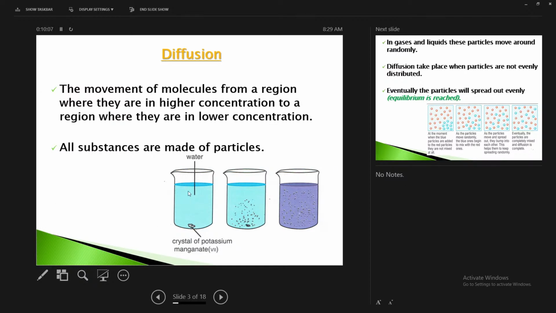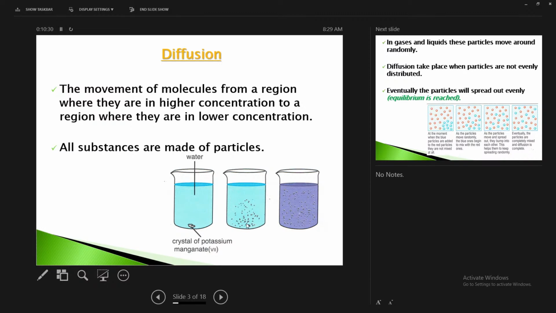To your extreme left, the glass on the extreme left, you'll realize that the water is crystal clear. They are showing it down at the bottom, saying that this potassium would have just been placed in it. Now look at the middle one.